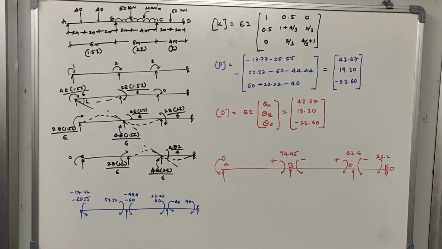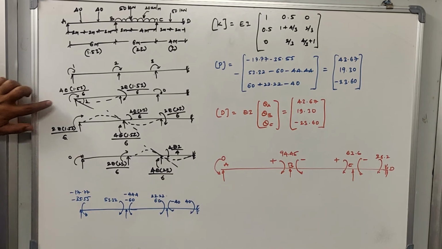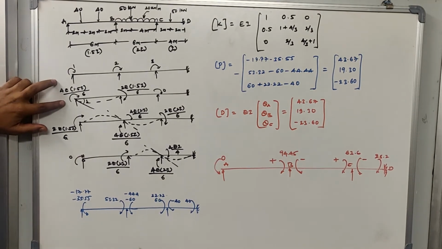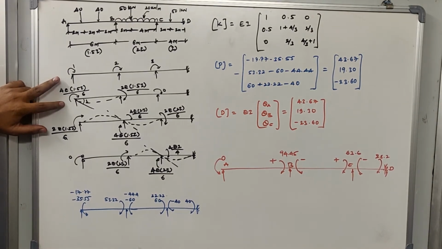Okay, once you assign the coordinates, the next step to calculate the stiffness matrix is to develop the forces, or the stiffnesses, caused by unit rotation at all the coordinates. As you can see in this first diagram, a unit rotation is applied at the first coordinate. Because of that we identify the moment that is created.